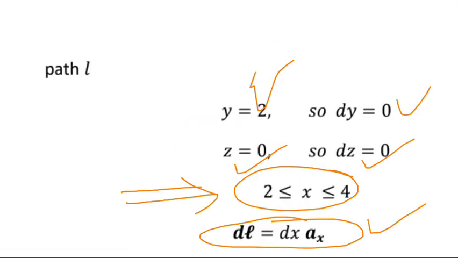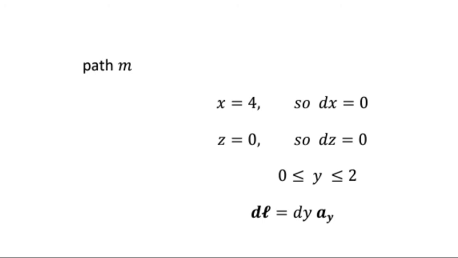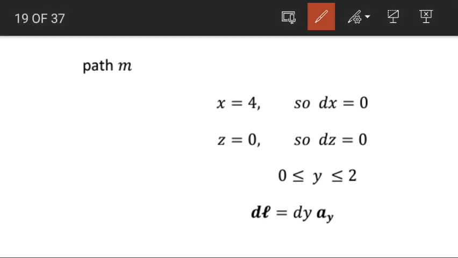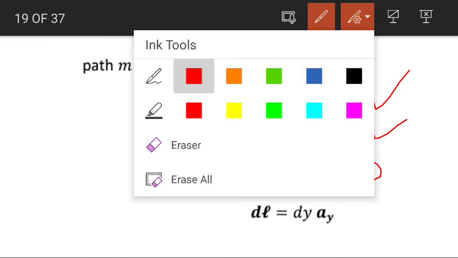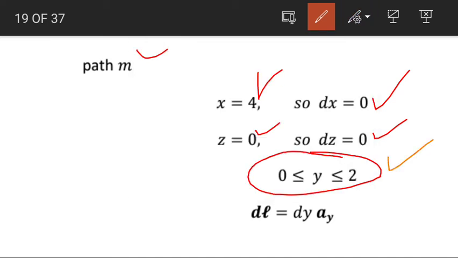So we consider the straight path M where x is 4, so dx will be equal to 0, z is 0 so dz will be equal to 0, and y is changing only.